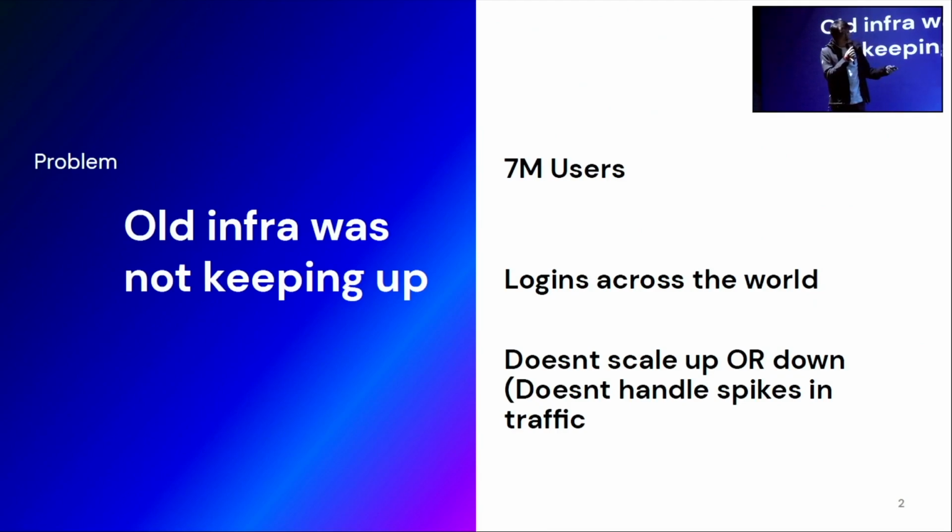Today we have 3 clusters, one in Singapore, one in India, and one in the US. Login times in those regions are pretty good, under 2 seconds. But if you are in South America, for example, and you try logging in with Web3Auth, it can take up to 5 or 6 seconds sometimes. And that's not according to user expectation, right?